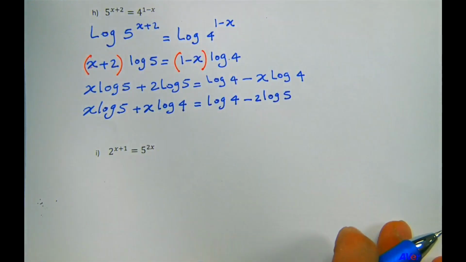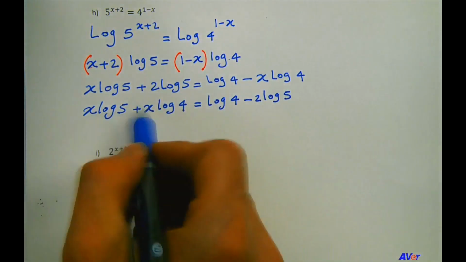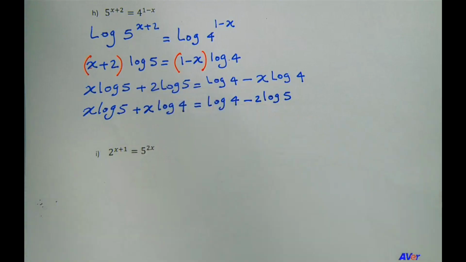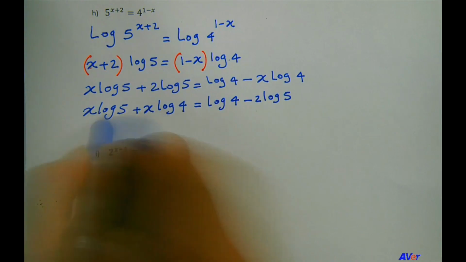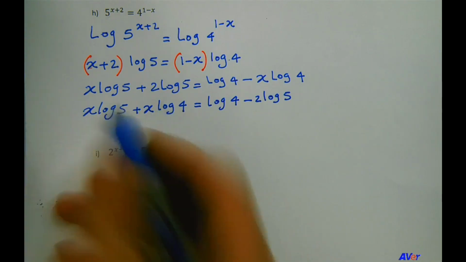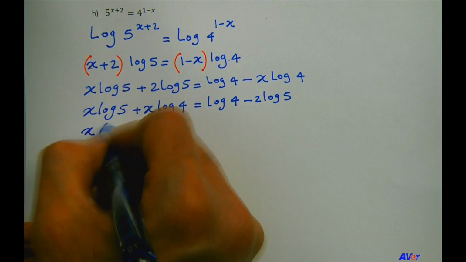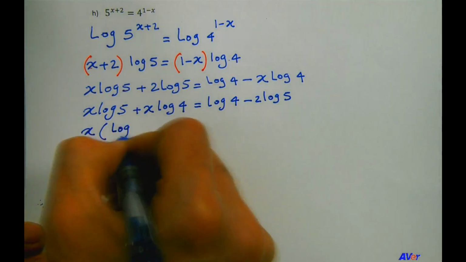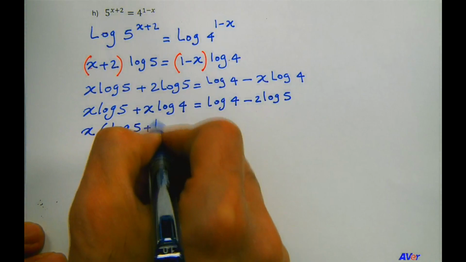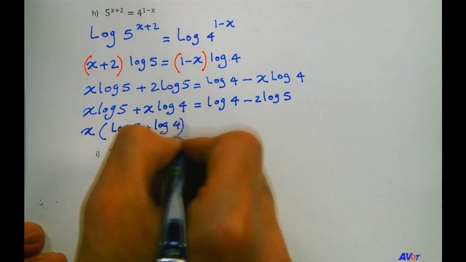So now what? Because we need to isolate x, but x is scattered between 2 terms, not 1. So what do I do now? Well, in order to isolate x, in order to get it by itself out of belonging to 2 terms, we factor it out. So x factored out, we get log of 5 plus log of 4, right?